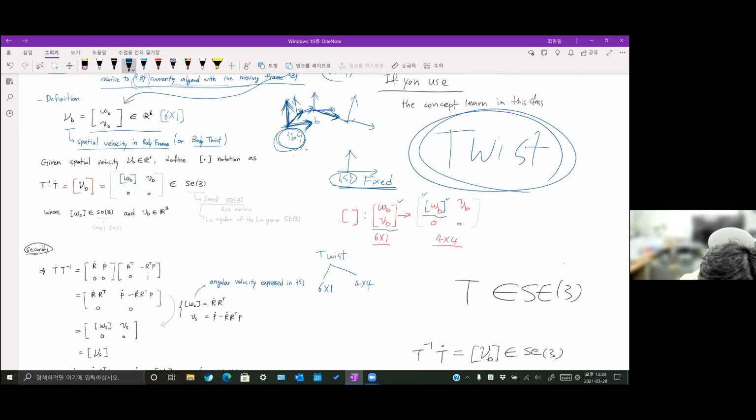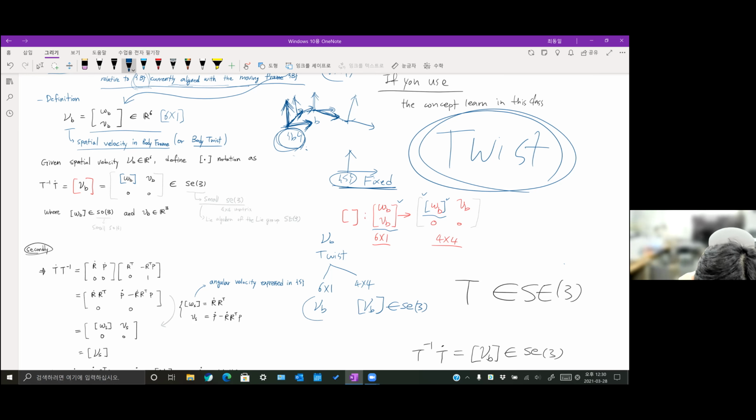So twist itself is 6x1, and the twist bracket becomes a 4x4 matrix, which we just call small se3.